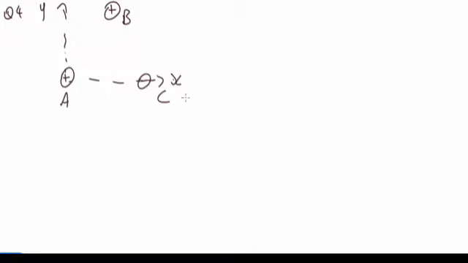Now for question 4, we have 3 charges. We've got some rough axes here, Y and X. We have one charge here, one there. 2 of them are positive, and the third is negative, and that's A, B, and C. And the question is about the direction of the net force. So let's just look at the net force on each of them.